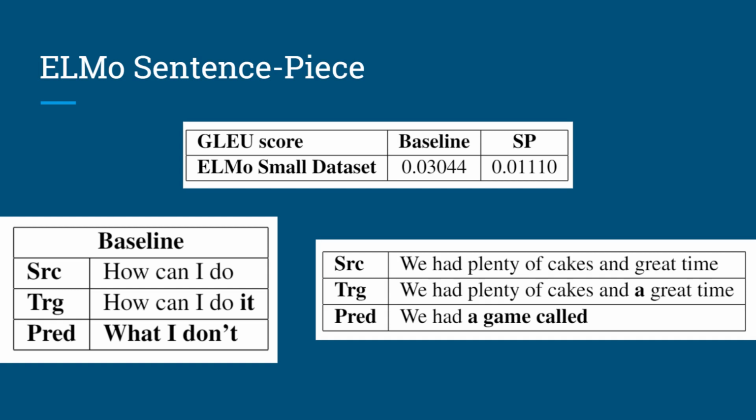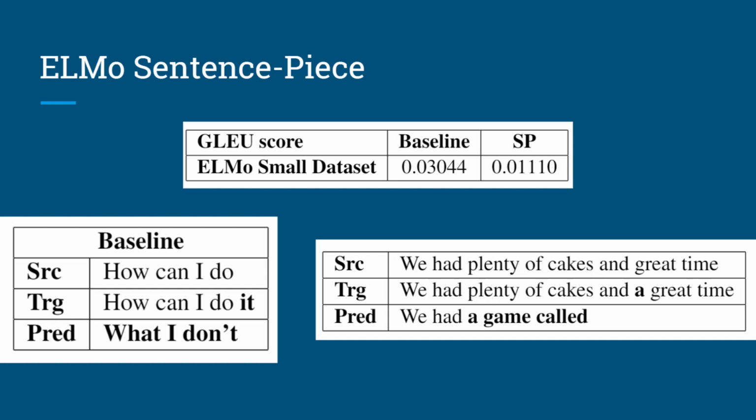And so the idea behind ELMo was, let's use context, let's use the characters and the words, and that could be better than GloVe. But in my case, it actually turned out a lot worse. The baseline was way worse than GloVe, and then SentencePiece was really bad too.